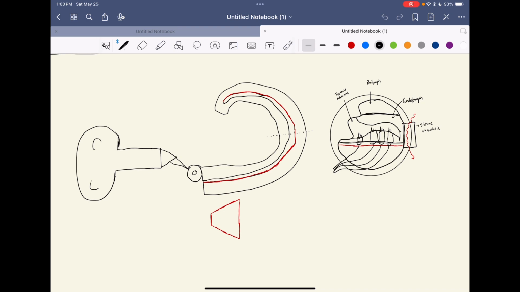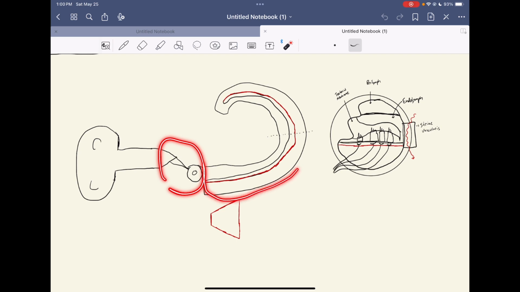The last thing we'll talk about for this question is the sense of hearing. So I drew some of the ear. This is the outer ear. From here to here is the middle ear, and this is the cochlea of the inner ear.